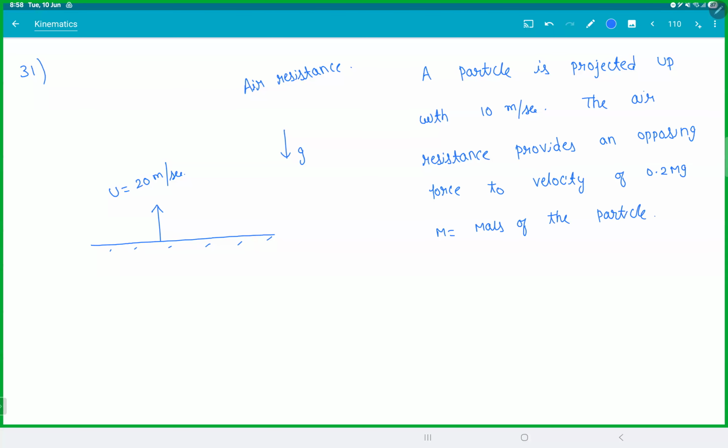Right? Now, to give you a little context, see what is happening. When you're throwing up, as the particle is going up, look at the forces on the particle. You have gravity mg, you will also have the air resistance F. So the total force acting on the particle will be F plus mg is equal to mass into acceleration. F is given as 0.2 mg.